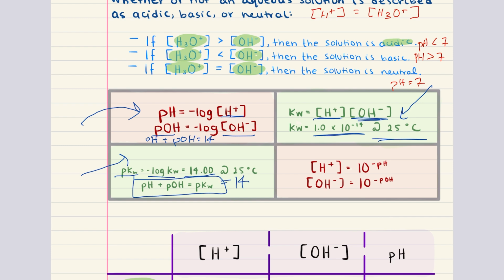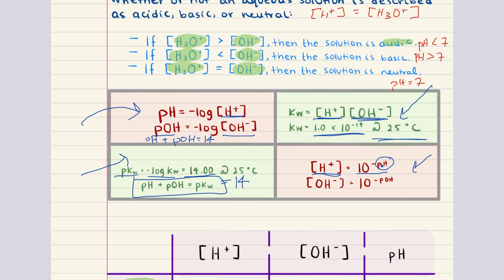And then in the last box here, I like these relationships. This is so helpful. If you have the pH or the pOH, you can figure out the hydrogen or the hydroxide ion concentrations respectively. To figure out the concentration of hydrogen ions, this is just equal to 10 to the minus pH.